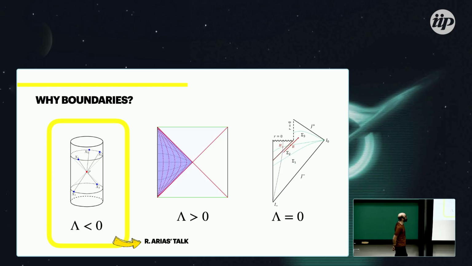So when we have a positive cosmological constant, somehow we are more in need of these boundaries, or at least some kind of feature, if we want to describe the experience of some inertial observer, for instance, in a universe that is experiencing accelerated expansion. These observers are surrounded by cosmological horizons.